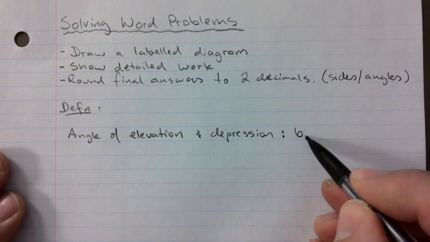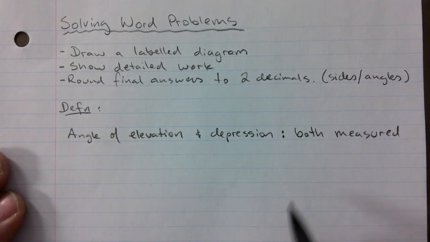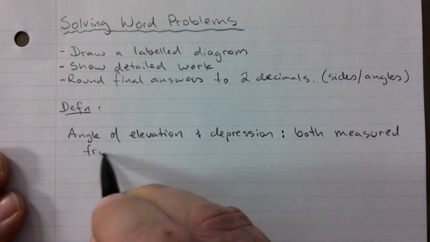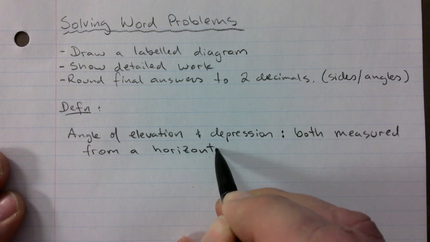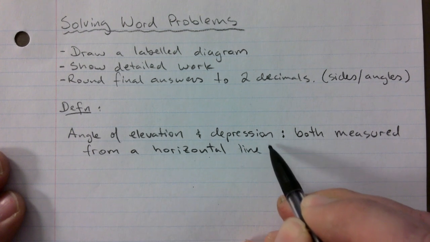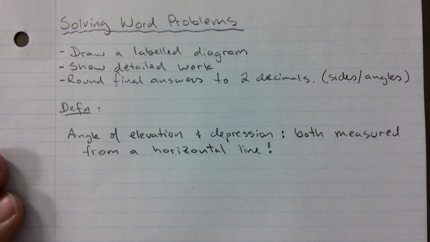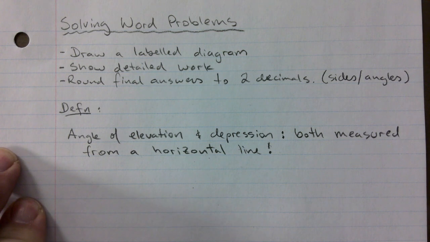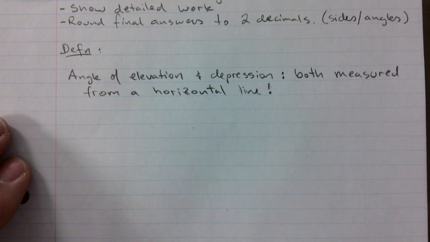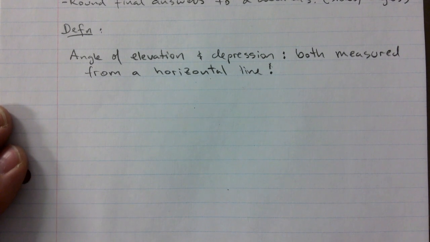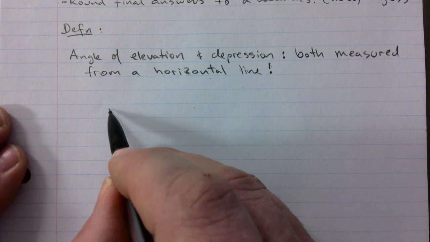This is the key here: both measured from a horizontal line. If you remember IPR, you definitely talked about that. Okay, and so basically this is what I'm going to give you here to make it as clear as possible.